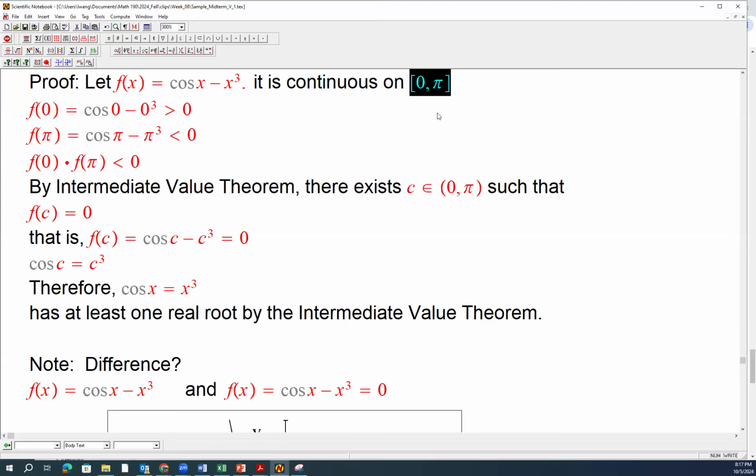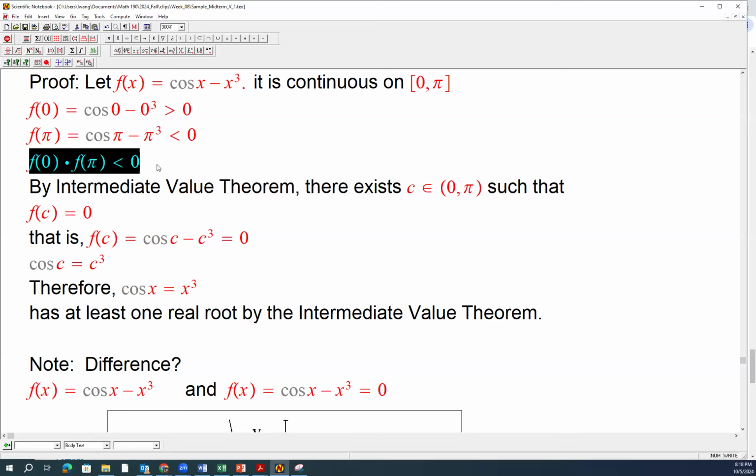Because the intermediate value theorem requires the function to be continuous on a closed interval. That condition must be satisfied, so we must mention that it is satisfied. At 0, f of 0 is larger than 0, and f of pi is less than 0.